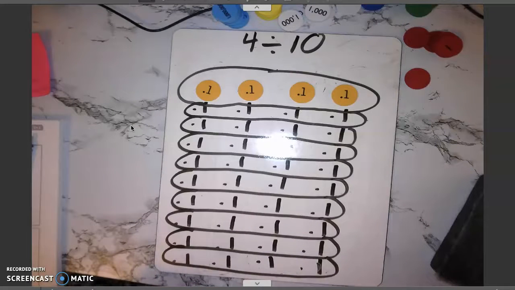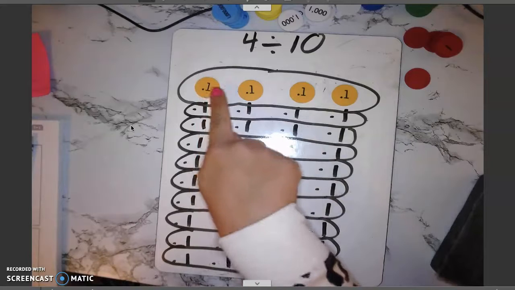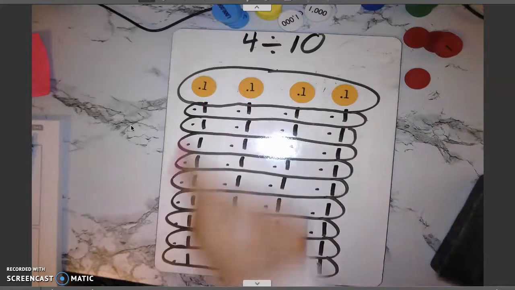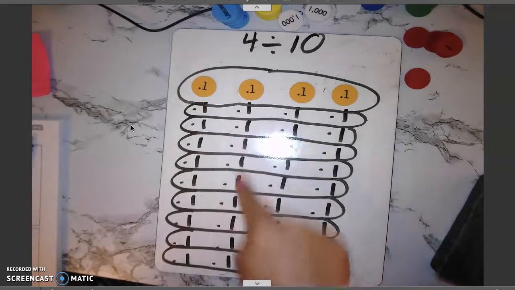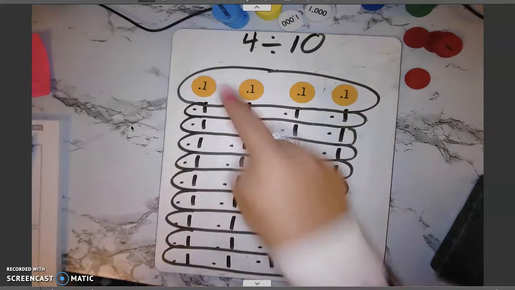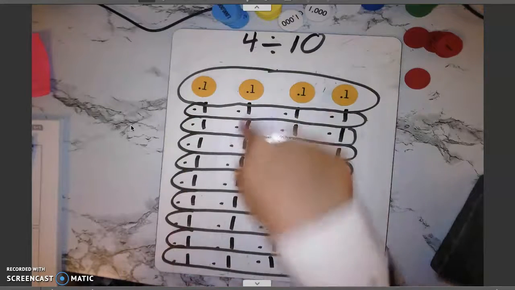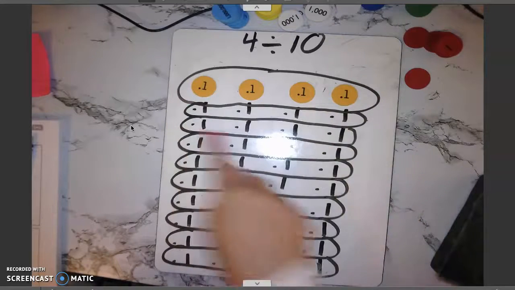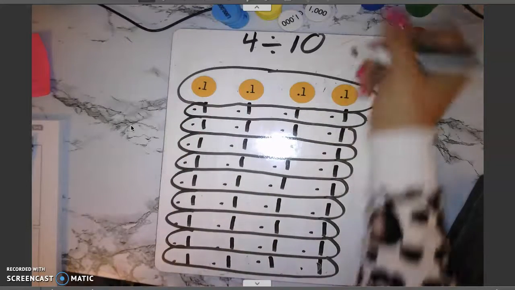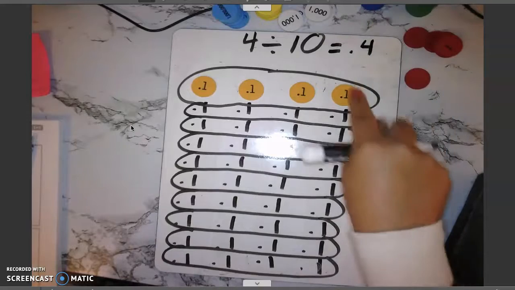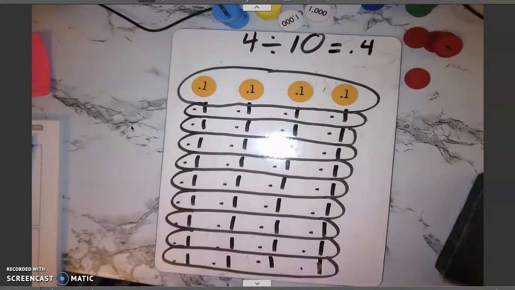I have 10 groups, and in each of my 10 groups, I have 1 tenth, 2 tenths, 3 tenths, 4 tenths. I still have those same 4 wholes from the beginning of my problem. I have taken my 4 wholes and divided each of my 4 wholes into 10 tenths. And then I've taken all of those tenths and put them into 10 groups. 4 divided by 10 equals 4 tenths because each group has 4 tenths.